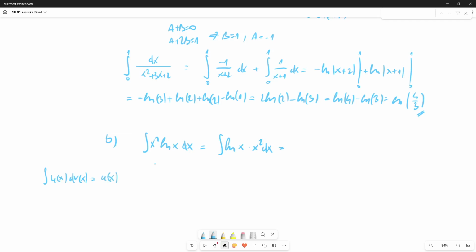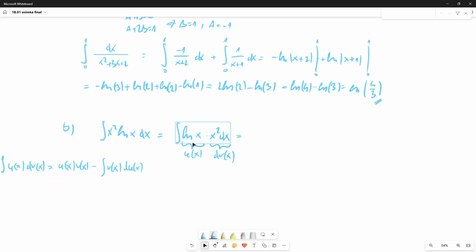We have u of x times v of x minus this integral, which should be simpler to solve, the integral of v of x times du of x. So in our case, ln of x represents u of x, and what remains is dv of x.